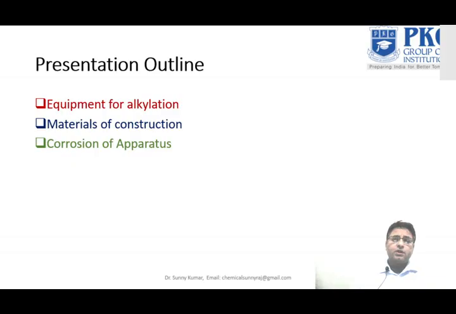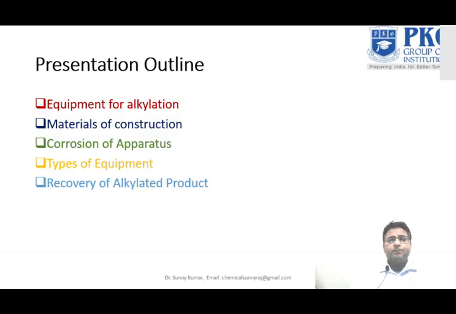The corrosion of the apparatus is also a very important parameter which we will discuss, and what type of equipment it is, and the recovery of alkylated products and the safety of the instrument. So these are the different parameters we will read today, and we have to focus on these topics in this lecture.